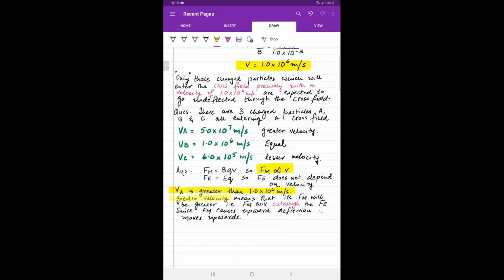Greater velocity means that its magnetic force will be greater, because remember magnetic force is velocity dependent. So a higher velocity means a larger magnetic force. That is, magnetic force will outweigh the electrical force. Since magnetic force causes upward deflection, so it goes upwards. ये तो एक सिनेरियो बन गया.